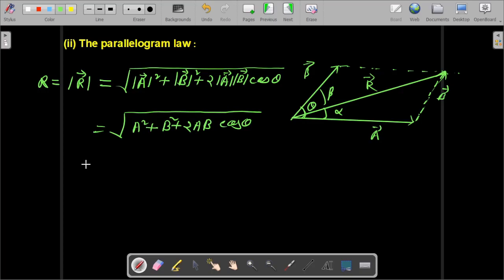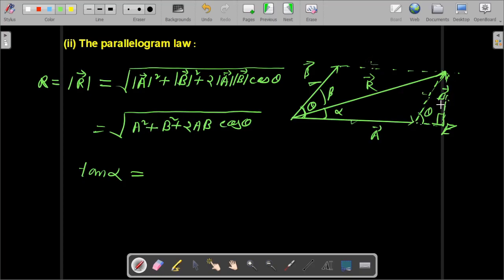To find that angle, you just find tan alpha from this figure. Extend this and make a right angle triangle. If you get a right angle triangle, this angle and this angle are the same.